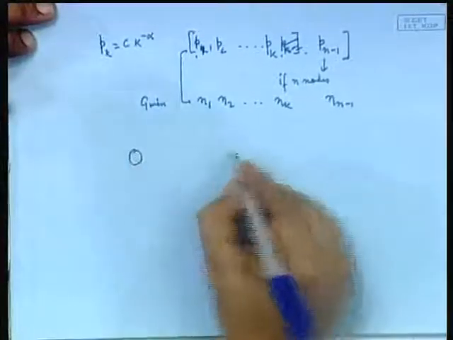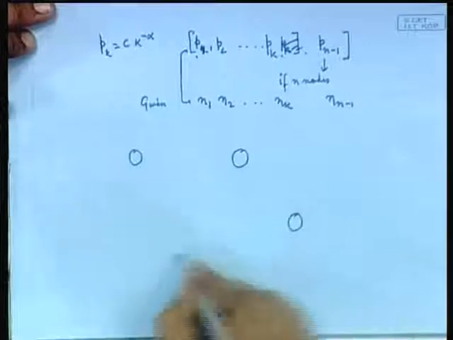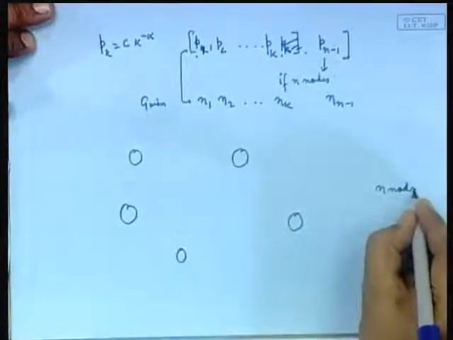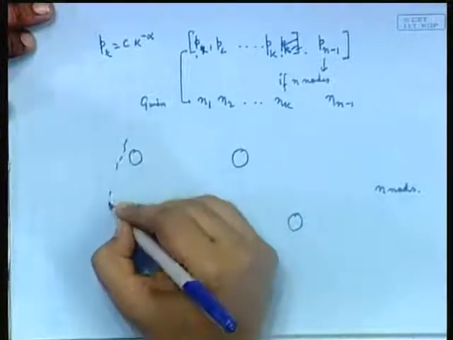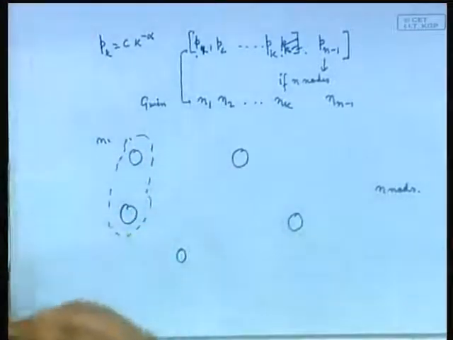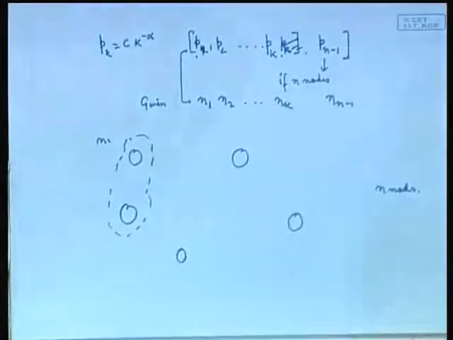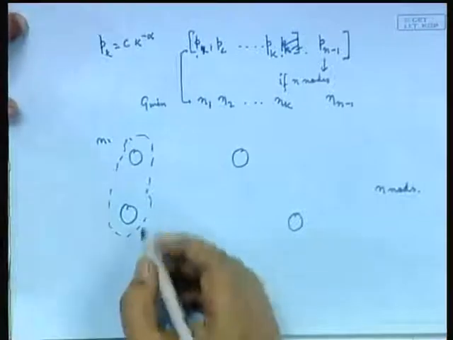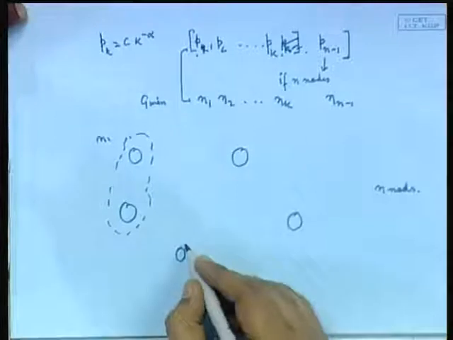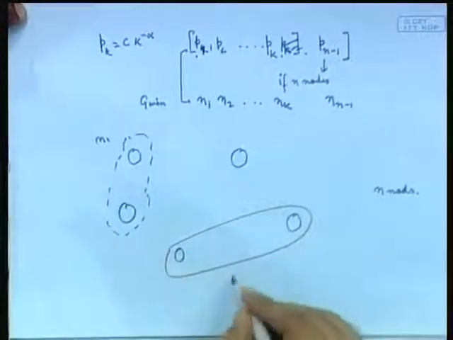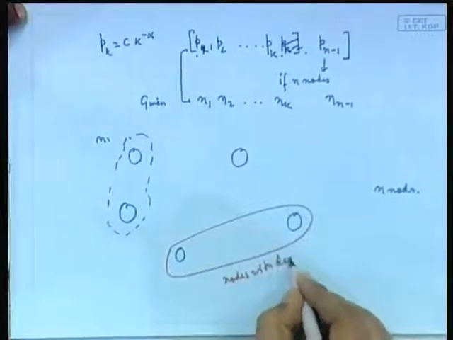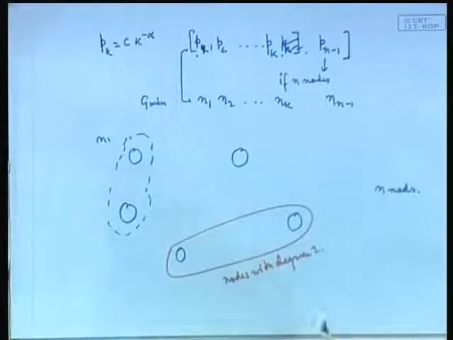Now, you put n nodes. So, this will be say n1 nodes, means these are nodes with degree 1. Then nodes with degree 2, and this way you can go on.